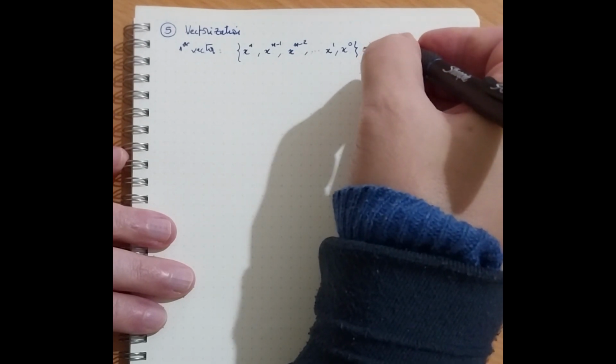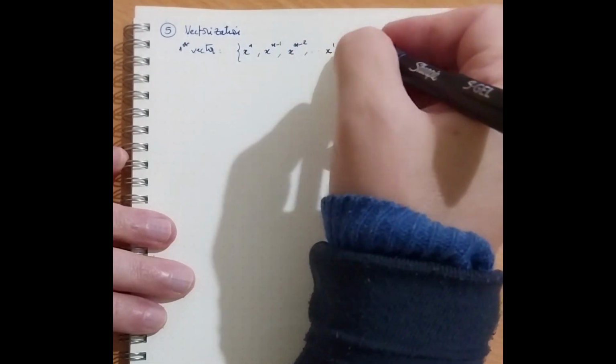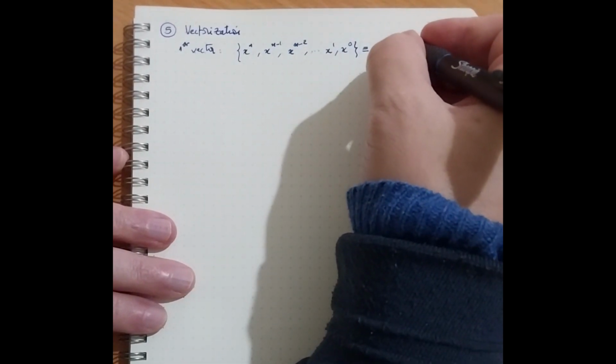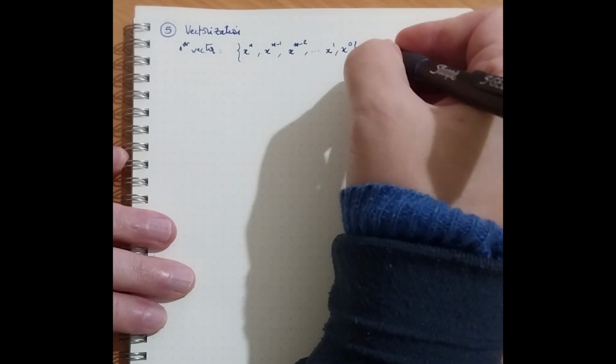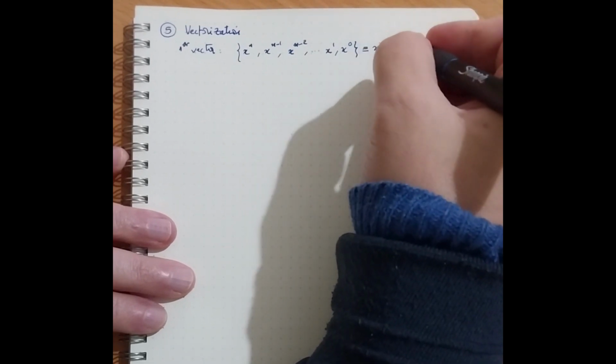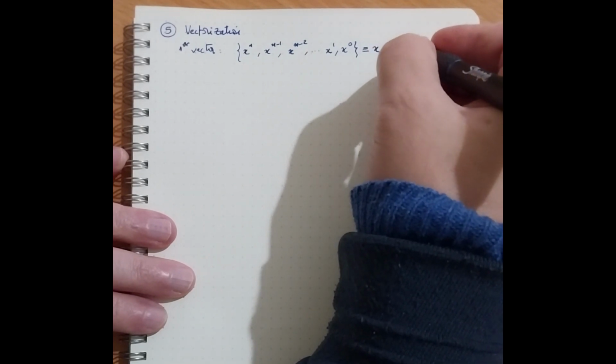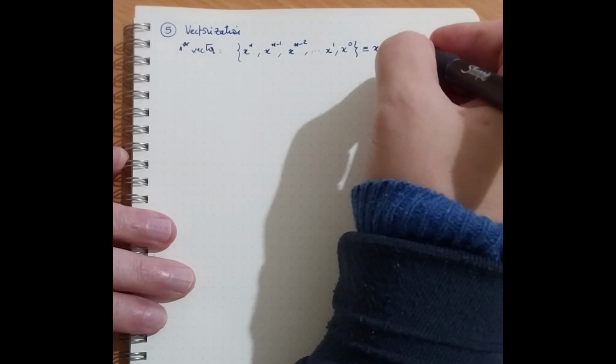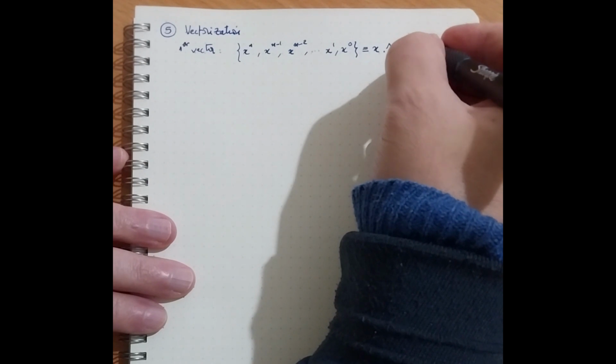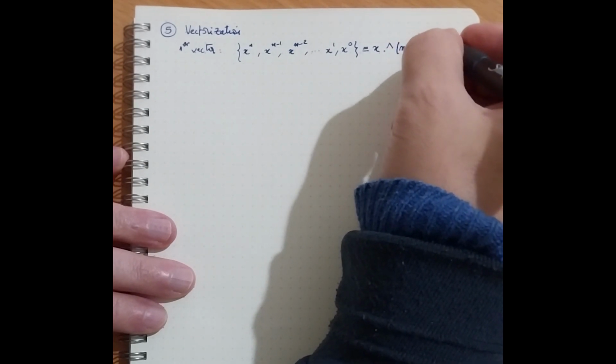This is element-wise, meaning we apply the power to each element. But here, we have only one element, x. However, the exponent is a vector. The exponent is n. It starts from n and it decreases by a step of -1 till 0.